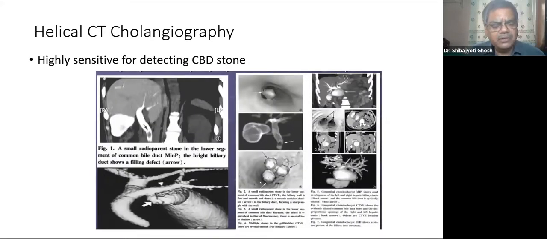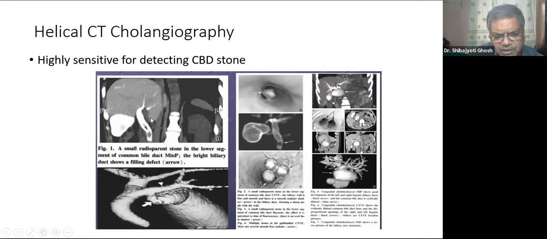Now, in CT scan, particularly in MD-CT, if we perform triplanar reformatting, if you do the coronal sections, from there we can also delineate the common bile duct and the structural changes, and the structures outside the common bile duct.